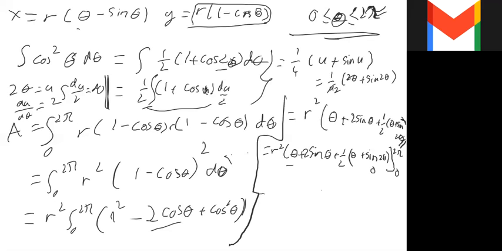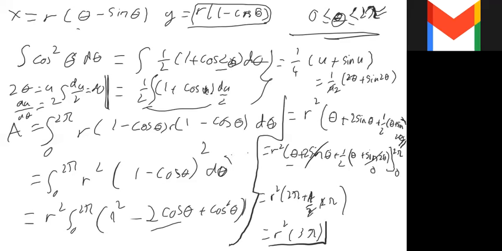I'm just going to do it with 2 pi: 2 pi plus 2 sine of 2 pi, which is also 0. Okay, so all these terms cancel out, plus 1/2 of 2 pi would give me r squared times, the 2 cancels out, so it's pi, 3 pi r squared.